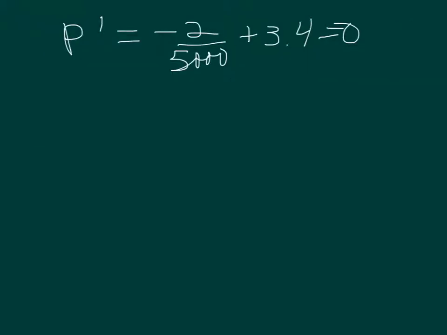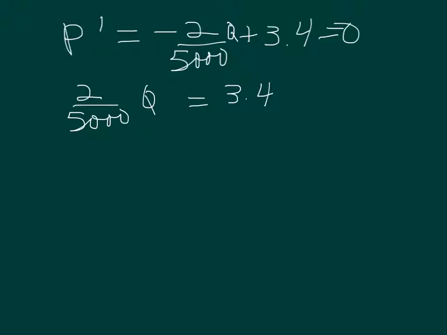Okay, so I rewrote P prime. I think I forgot the Q, and certainly I did. So there's a little Q here, of course. Okay, set it equal to 0 and solve. So I have 2 over 5,000 Q equals 3.4.